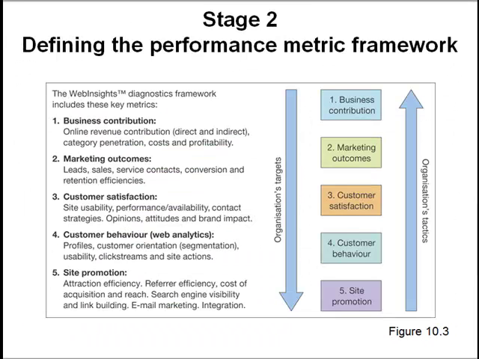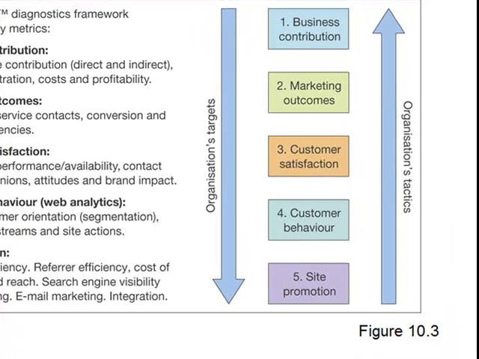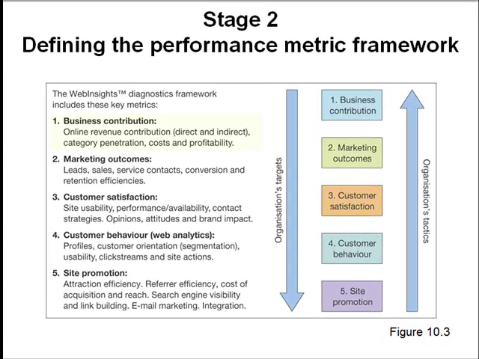Stage 2 is defining the performance metric framework. This is all about balancing the key metrics between the organization's target customer and the organization's marketing tactics. So you start with the business contribution: the online revenue contribution, whether direct or indirect, the category penetration, the cost, and the profitability. And then you take a look at the marketing outcomes, which are basically your KPIs.